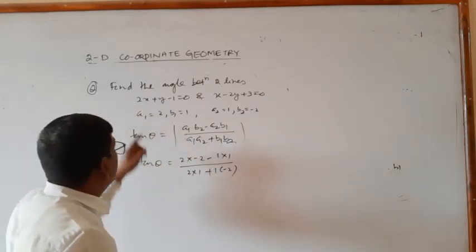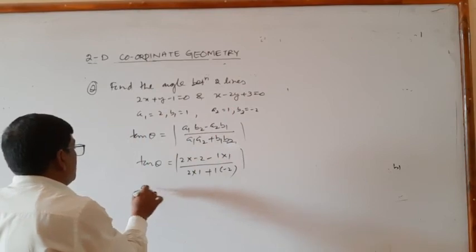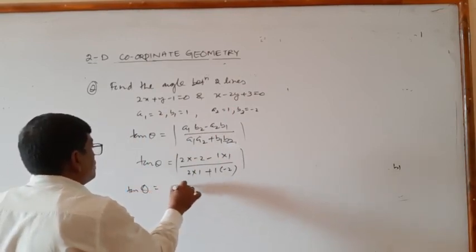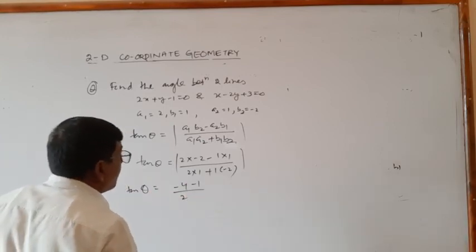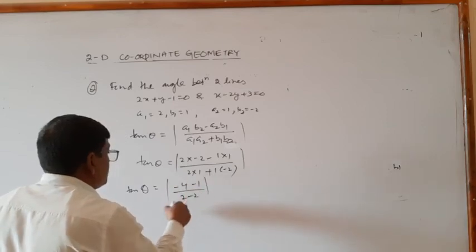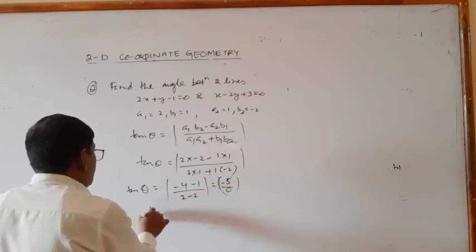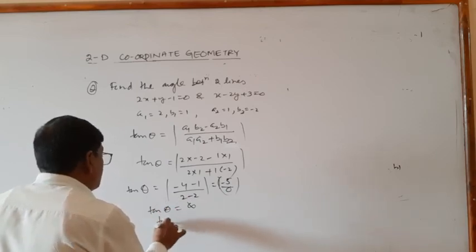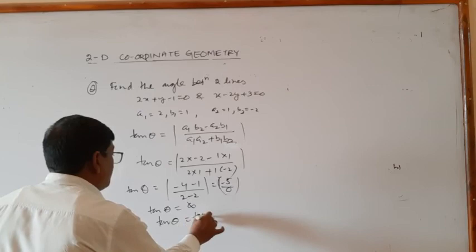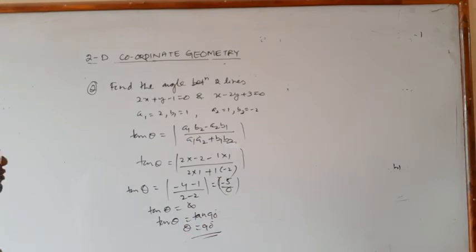So tan theta is equal to mode of minus 4 minus 1 divided by 2 minus 2. So this is minus 5 by 0. So tan theta is equal to infinity, which means tan 90 degree. So theta is equal to 90 degree. This is the application of the formula for the angle between two lines.